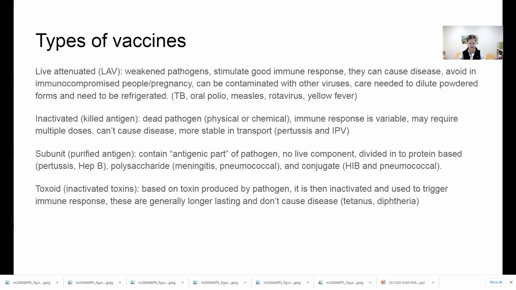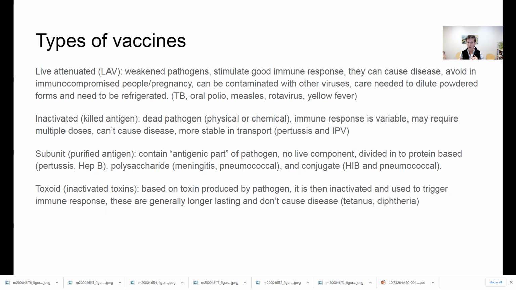The next group of vaccines would be inactivated or killed antigens. So think about the inactivated vaccine as the pathogen, what we're protecting against or want the immune response to, is dead. So we find that we have a more variable immune response.